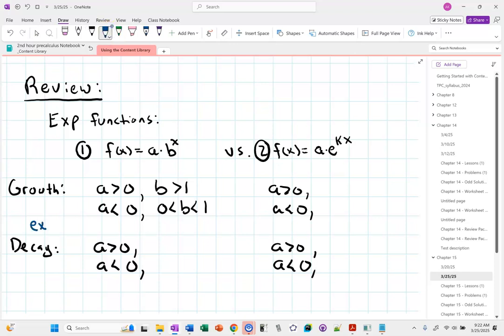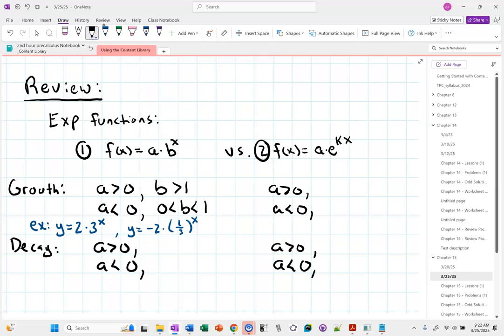So, for example, y equals 2 times 3 to the x is growth, and y equals negative 2 times 1/3 to the x is growth. Everybody's okay with that?